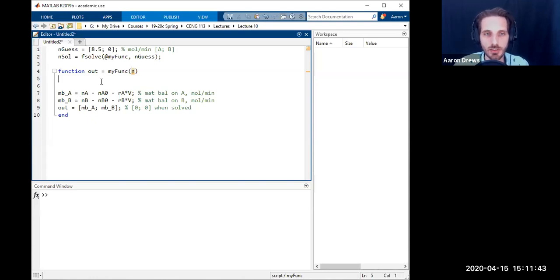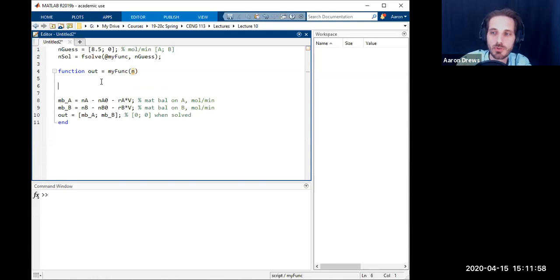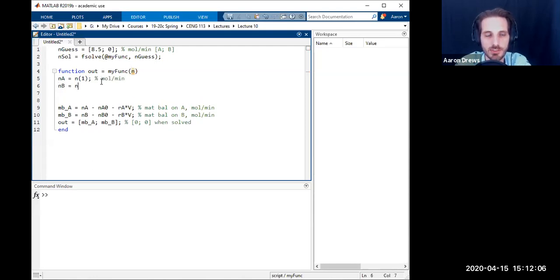And so now I can go through working backwards and say, I know by the time that I get to lines 7, 8, and 9, I have to have all of those parameters defined. If I don't have them defined, then MATLAB will give me an error and say, you don't have enough defined. So usually the first things that I will do is note that the inputs are arranged sequentially, but only because that's the way that I happen to do them.